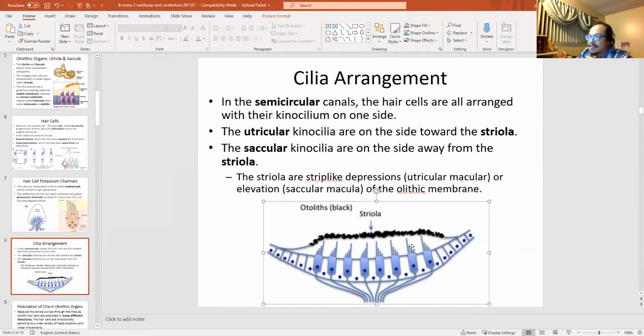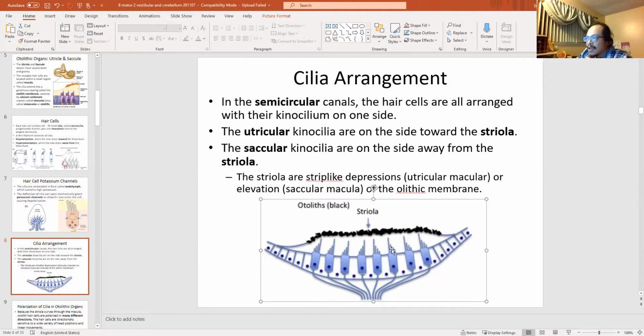However, in the two otolithic organs, utricle and saccule, these hair cells, you can see that these kinocilia are not always on one side. They are on one side toward this point, and from here on, these kinocilia are located on the opposite side.